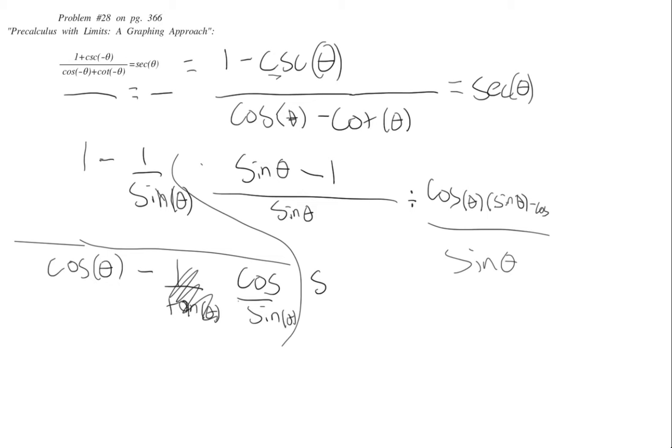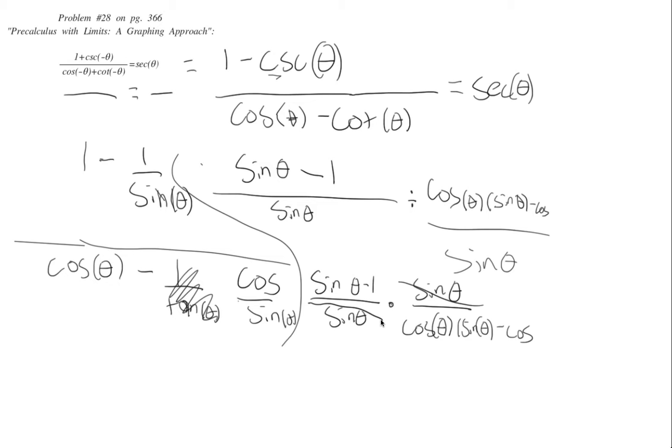So if we were to rewrite that, it would be sine of theta minus 1 all over sine of theta, times sine of theta over cosine of theta times sine of theta minus cosine. So we can cross off our sines.